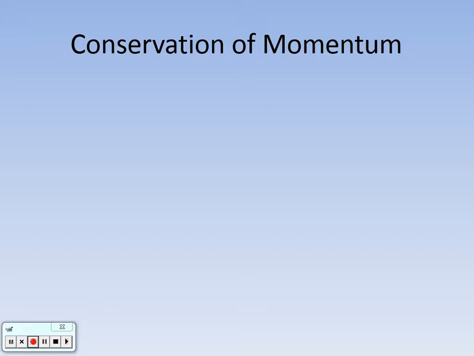So when we say something is conserved, what does that mean? It's saved, or it stays the same. So when we apply conservation to some other concept, it means we keep that thing the same. When we talk about conservation of momentum, that means the total momentum will never change.